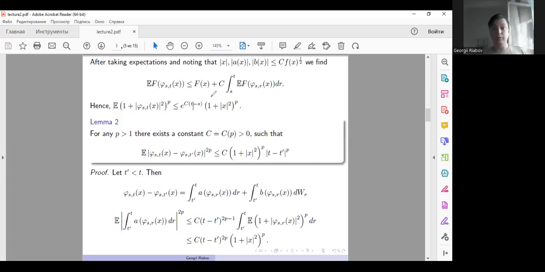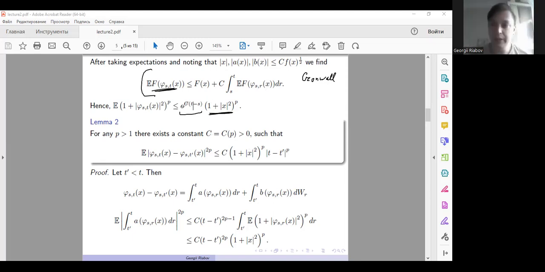That is, we have the following estimate, and it remains to apply the Gronwall inequality to deduce that this expectation is bounded by the factor exponent times f of x times this one, which is exactly what we wanted to show.